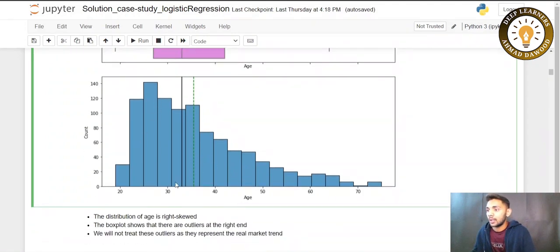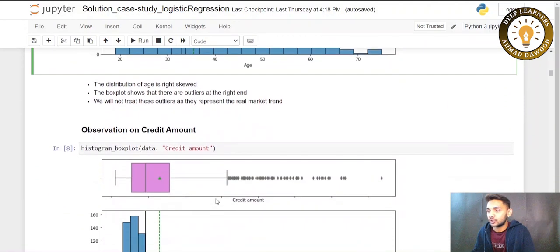Most of the data points lie in that area, and the mean is greater than the median. When we have more variation on the right side, meaning more larger values as compared to smaller values, our mean will be shifted towards the right. So age is right skewed.